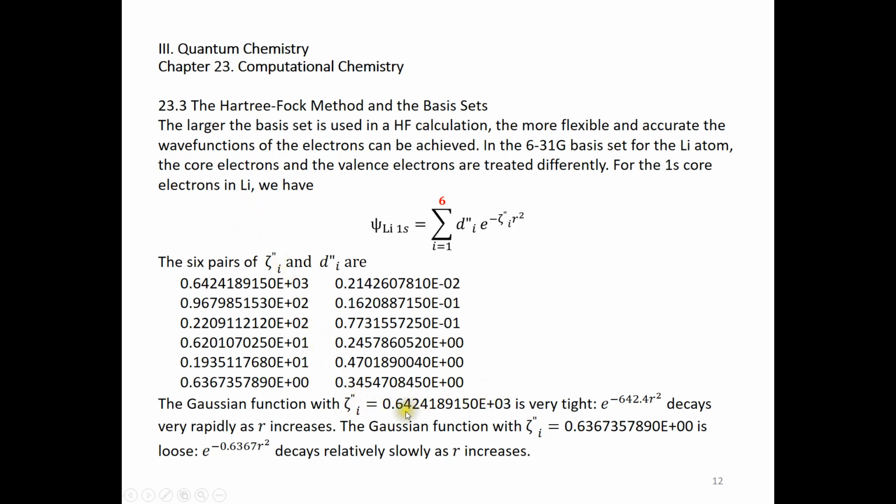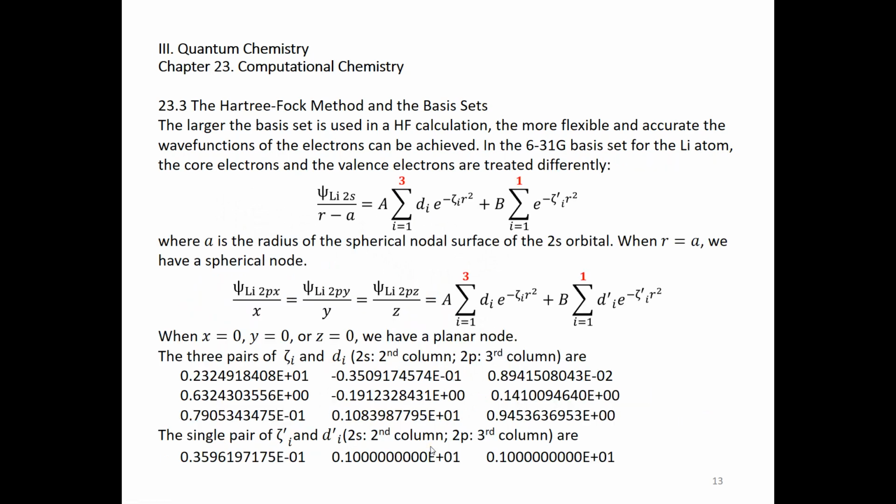Again, when you have a zeta of 642, this is very tight. But if you have a zeta of 0.6, it's pretty loose. We're just using a combination of tighter Gaussian functions and looser Gaussian functions to describe the electron wave more accurately.